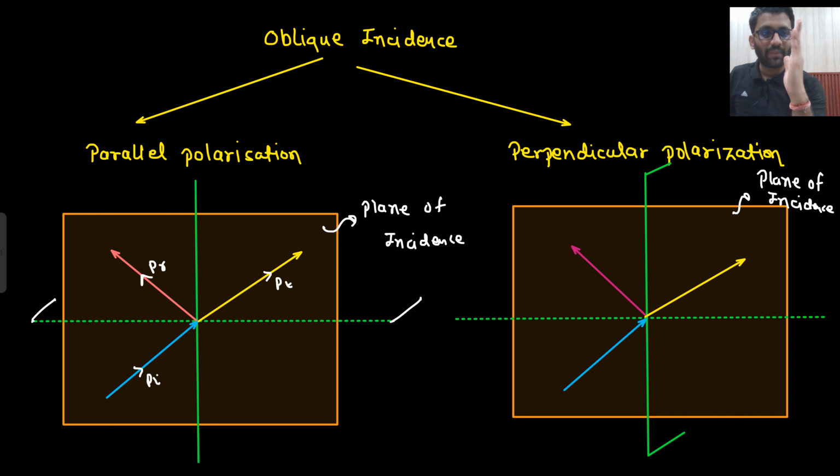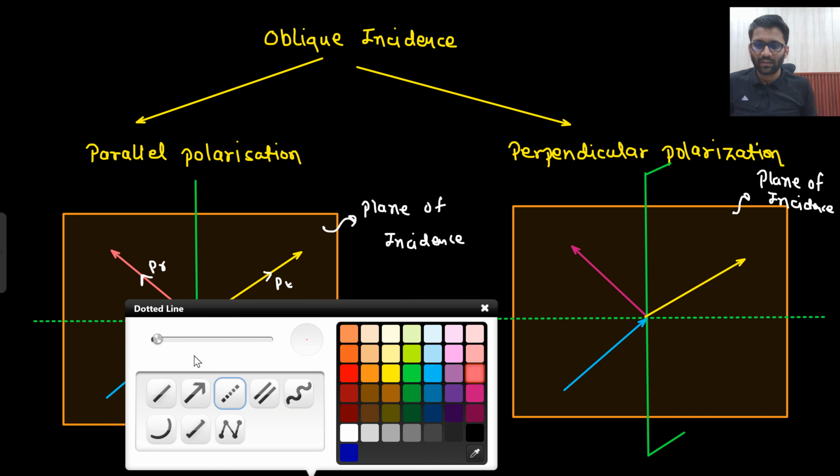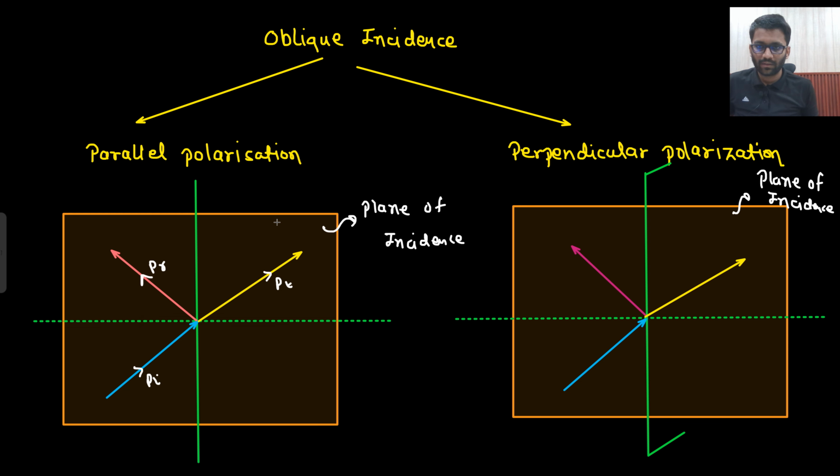That means this has to be the boundary plane, because the wave came and then reflected. So this has to be the boundary plane. So this is my boundary plane.